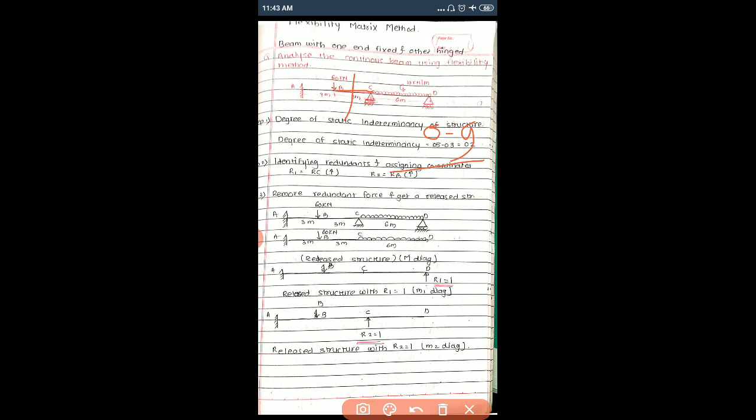And for the BA span, if you consider D as origin, then the limit will be 0 to 12. But for the CB span, if you consider C as origin, then it will be 0 to 3. Similarly, for the BA span, it will be 0 to 3.